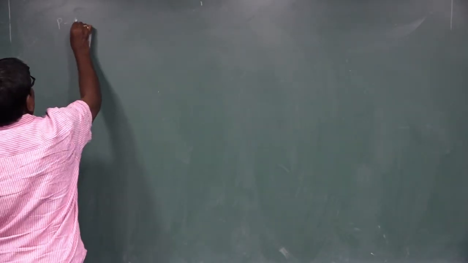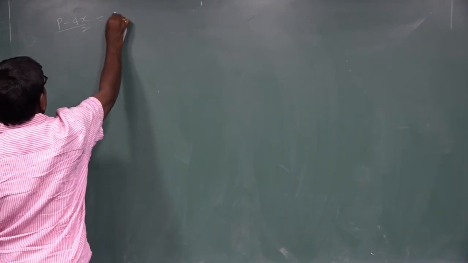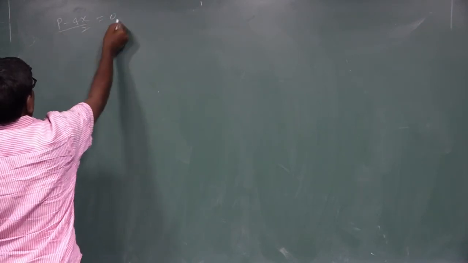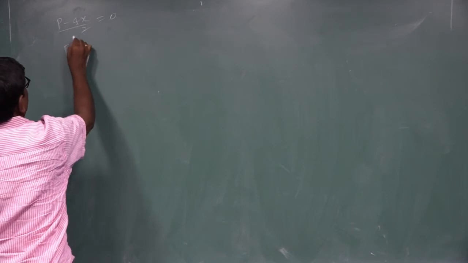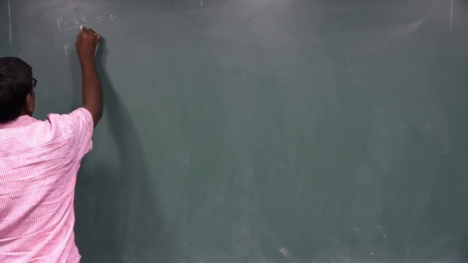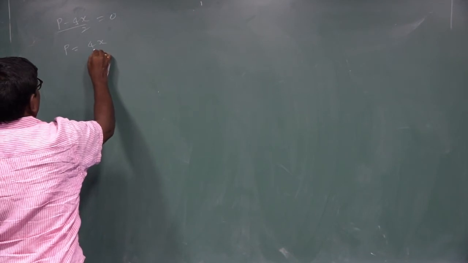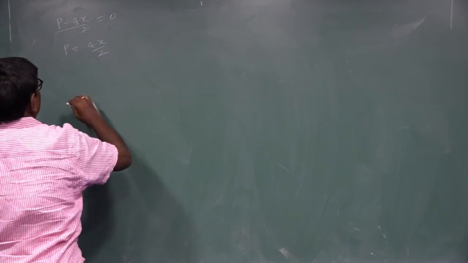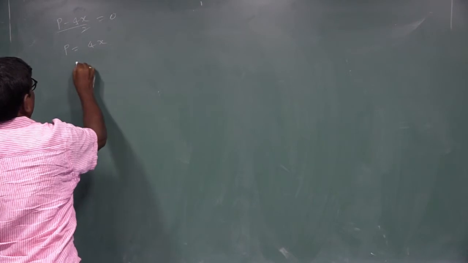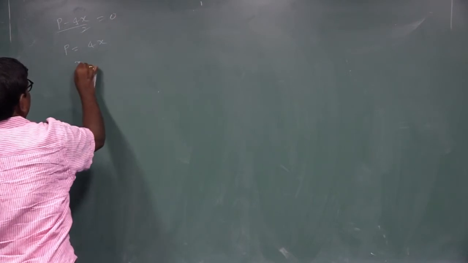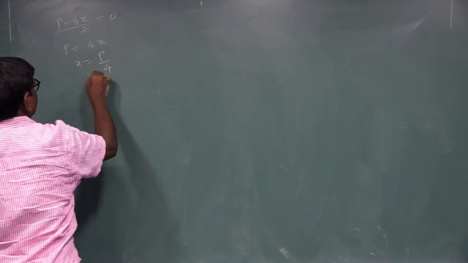(P minus 4x) by 2 equal to 0. P is equal to 4x by 2, 2 outside, x equal to P by 4.